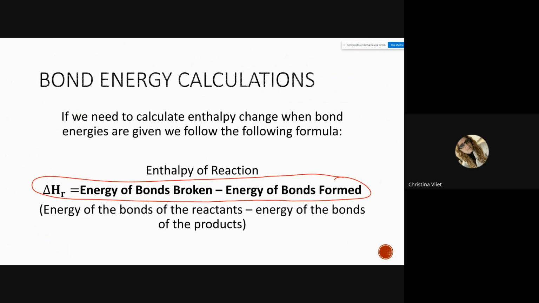The enthalpy of reaction from bond energy values is calculated by adding up the energy of all your bonds that are broken and then subtracting all of the energies of all your bonds formed. So it's actually extremely similar to the other formulas we've seen, except it ends up being reactants minus products.